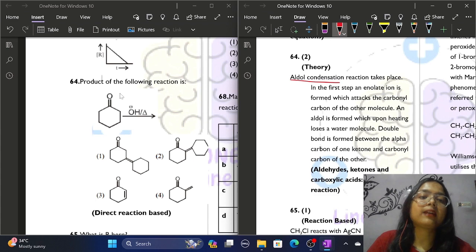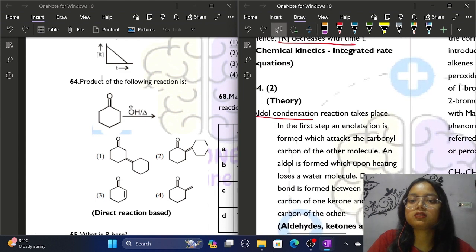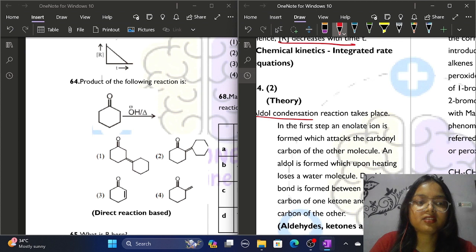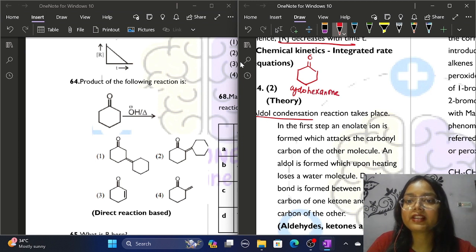What happens in an aldol reaction? What is the name of this compound? This is cyclohexanone.